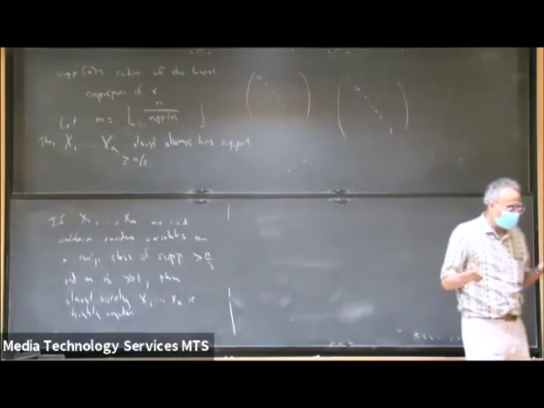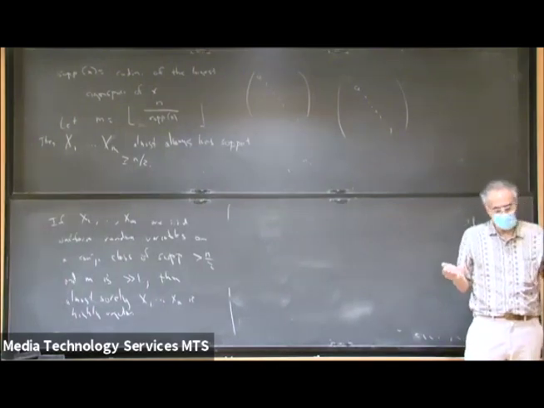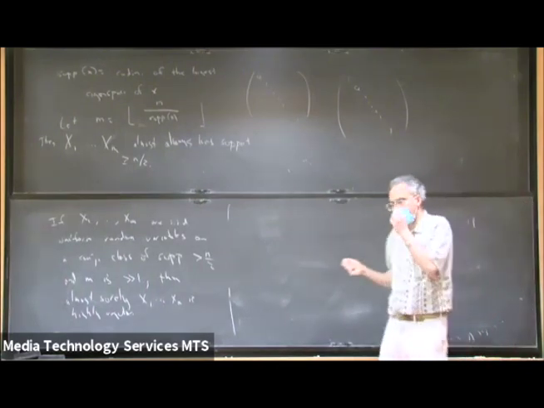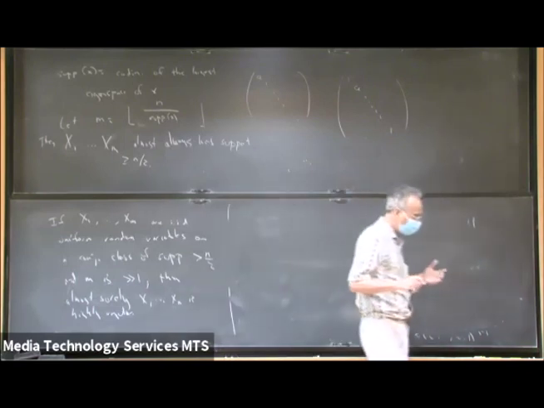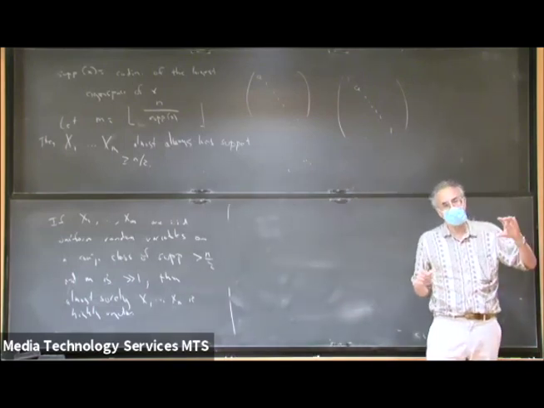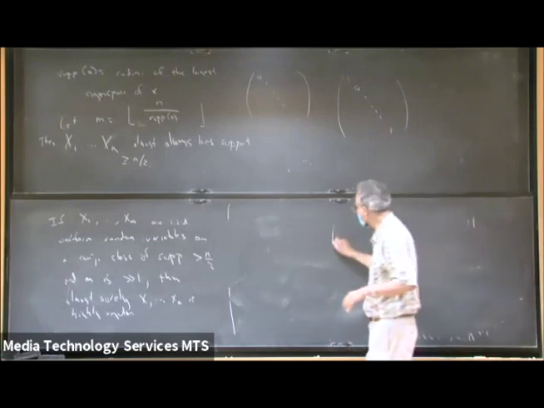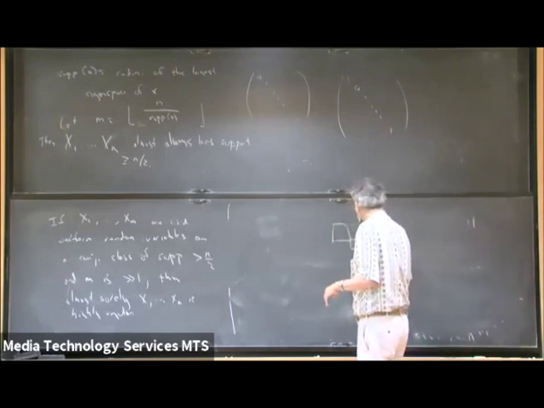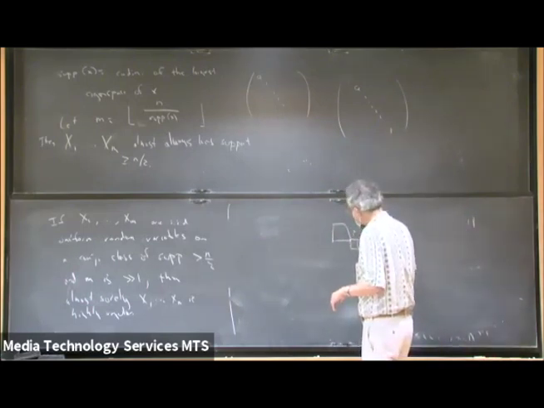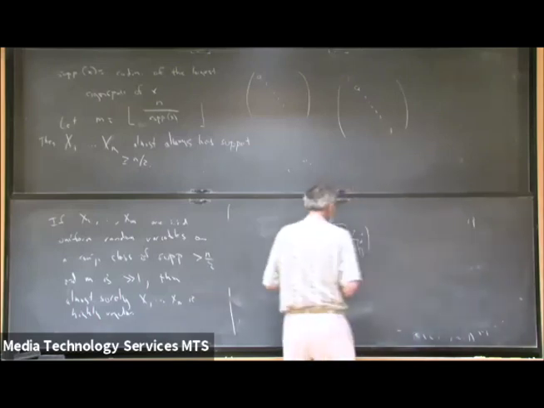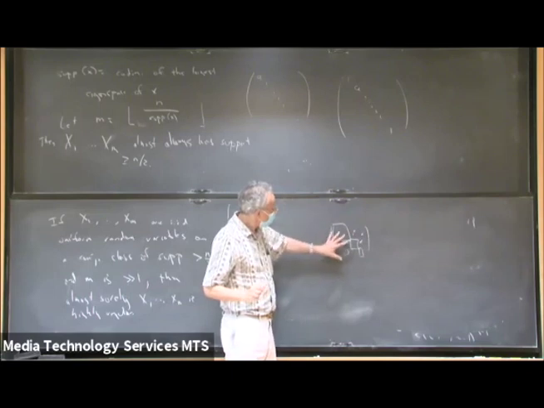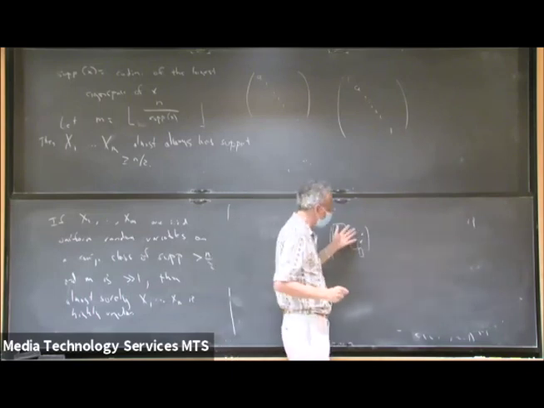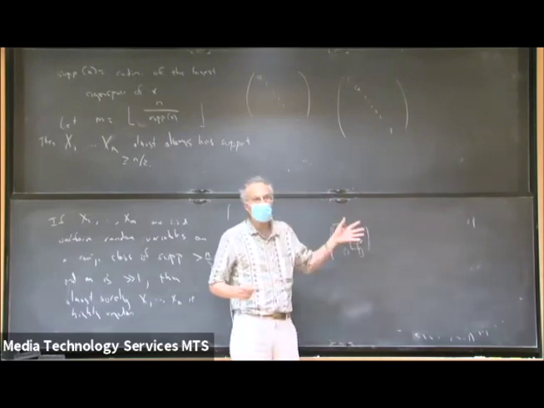Now, you have to think about why a character is small. In general, characters are obtained by Harish-Chandra induction from a parabolic like this, and you're getting something of low degree.